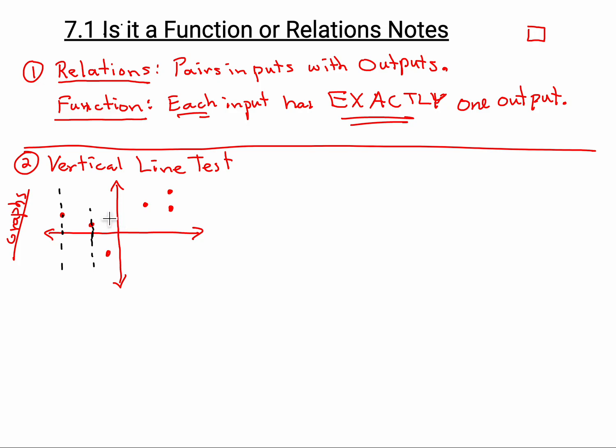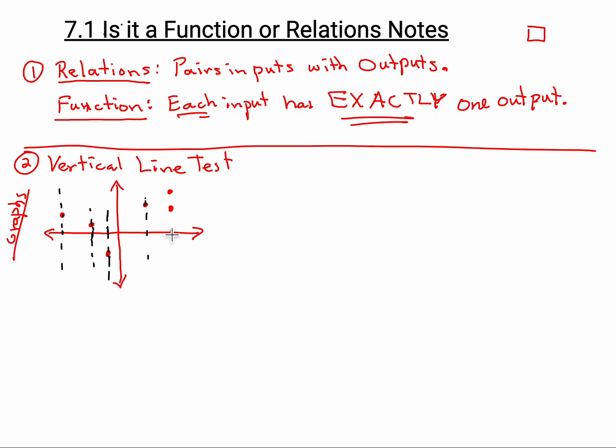So it's looking good so far. I'm going to continue on up the number line and get this one down here. This input had exactly one output. Now I'm going to continue on and go, oh, at this input, I have another input. So this input, yep, had one output. So this input had exactly one output.